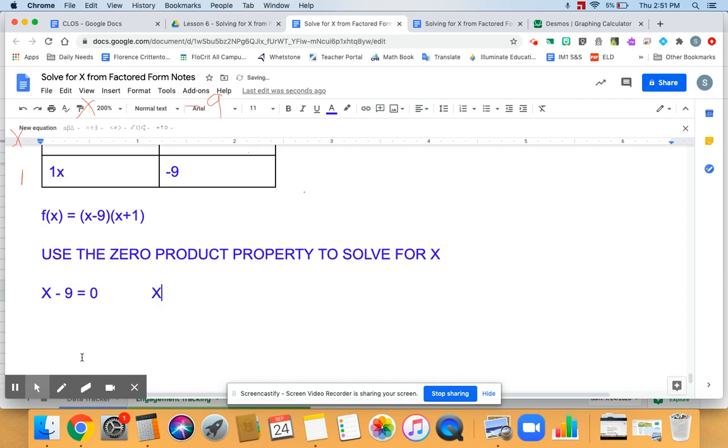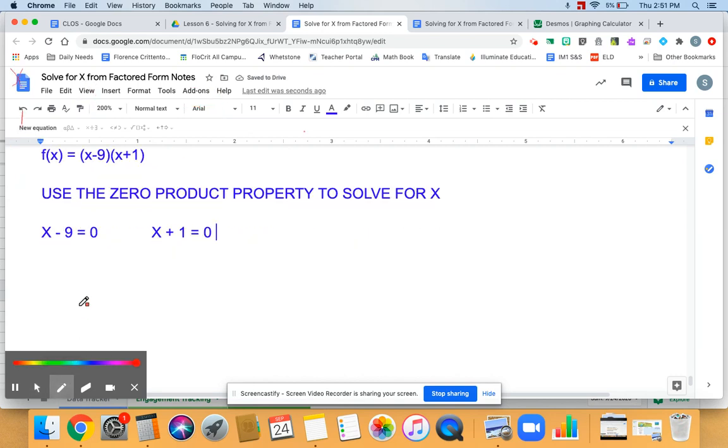And then take the x plus 1 from the other parentheses and make that one equal 0. So to solve for x, how do I isolate x in this first one? By adding the 9 away, because negative 9 plus 9 eliminates. When I add 9 to 0, 0 plus 9 is just 9. So x is going to equal 9.